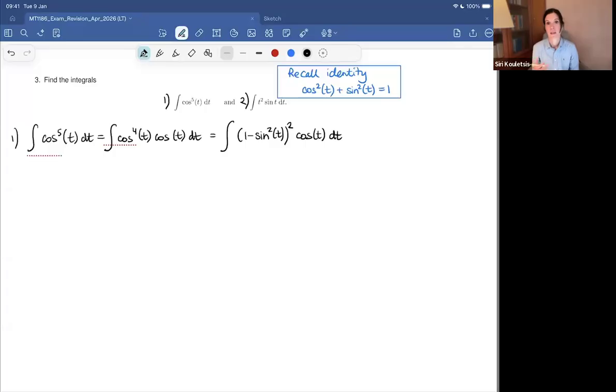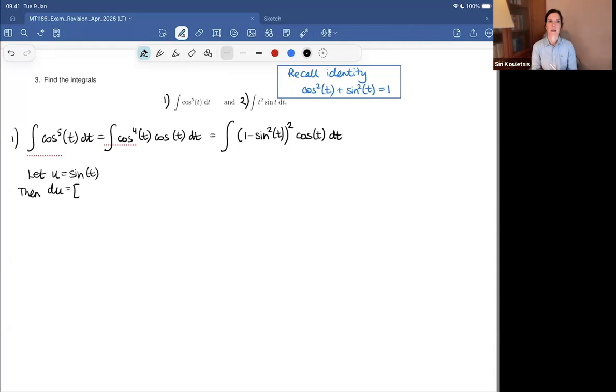Like I said, cos t is the derivative of sine t, so now we can do a substitution here and translate everything in terms of u.